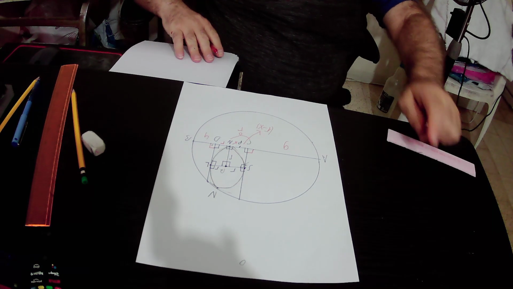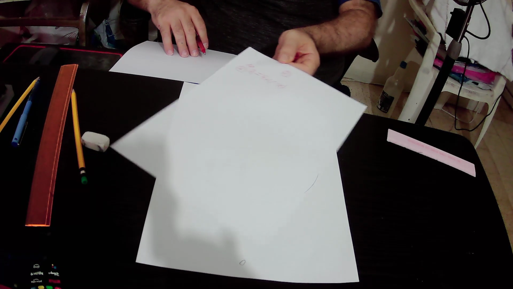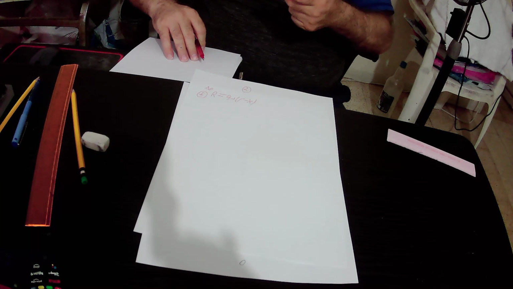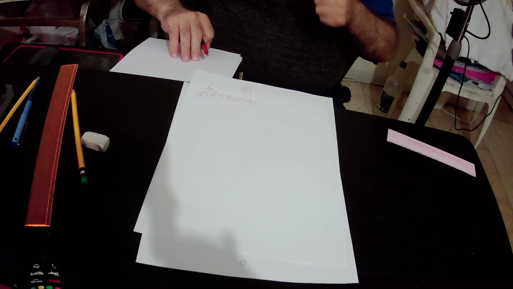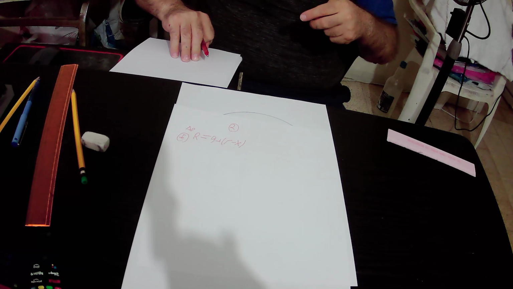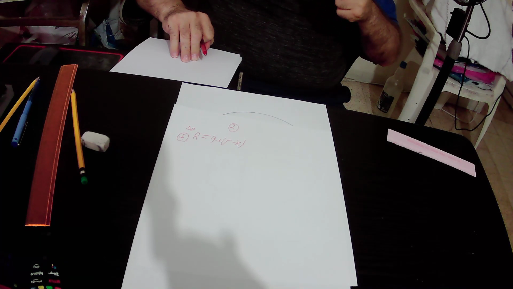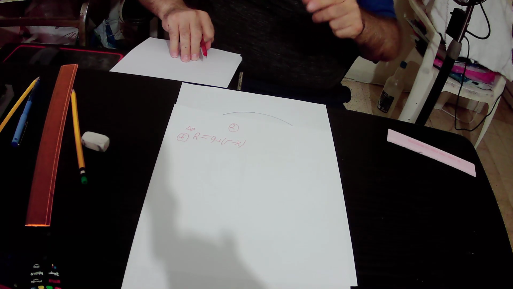Okay, so we found the first equation: we calculated the radius of the big circle from the right side of the circle, and the radius of the big circle equals 9 plus small r minus x.